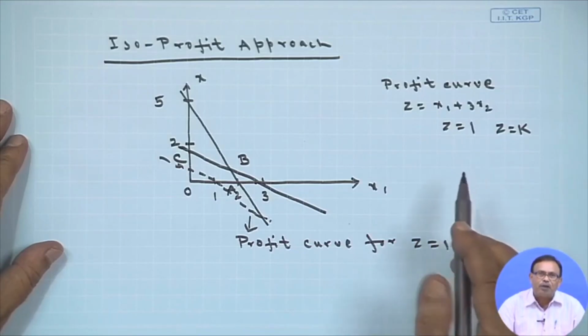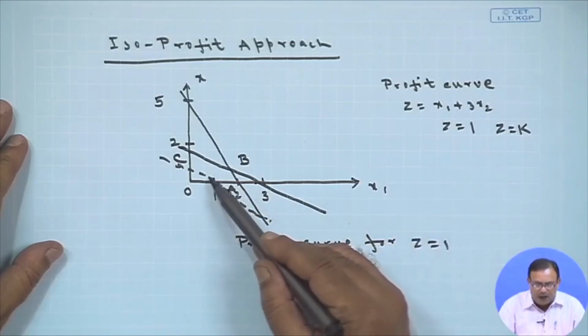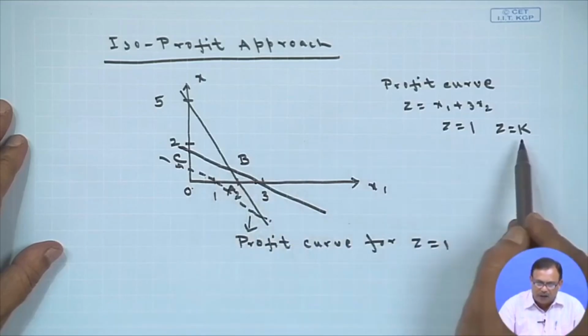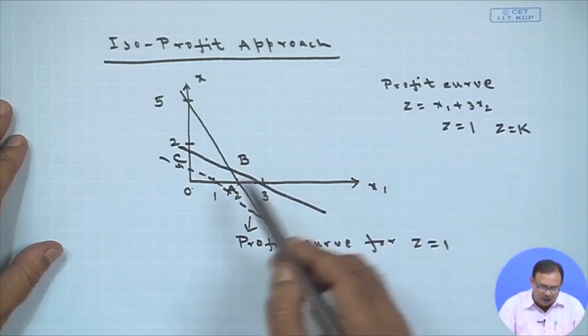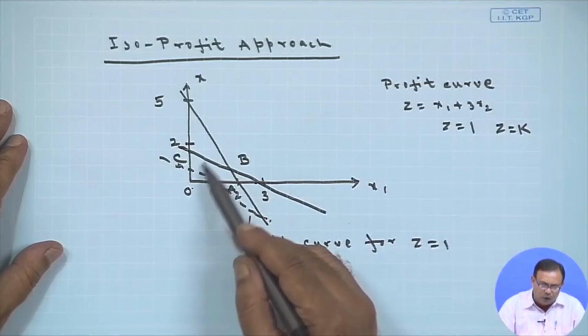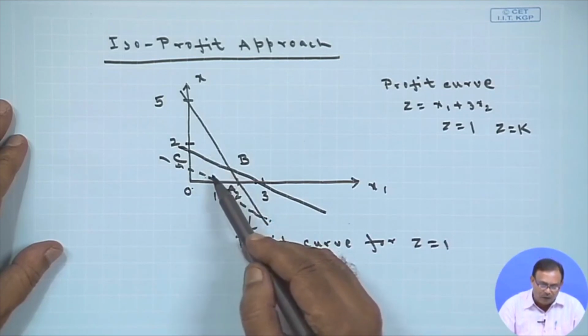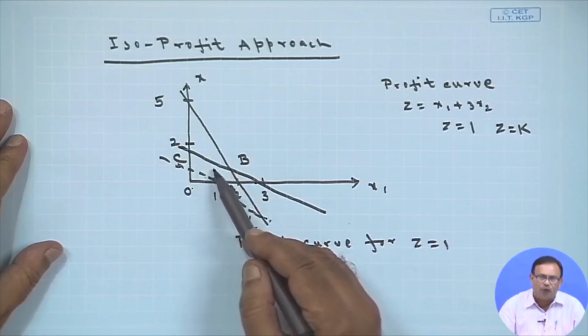Your next step is to move this line z equals 1 away from the origin, by changing the value of k, such that when it goes to the maximum distance, it gives the maximum value for z.